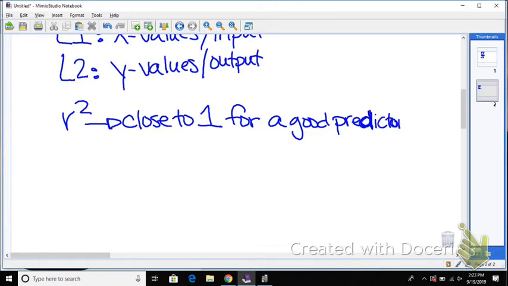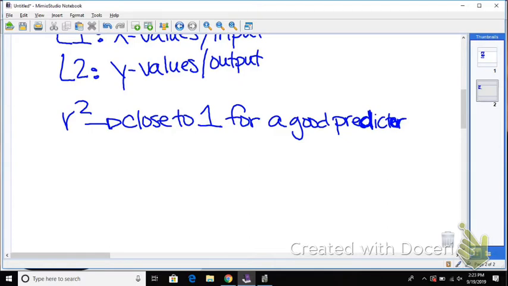I'll just make it look scribbly. Okay? That is one of your questions on your test. Is it a good prediction? Is it not a good prediction? So you're just looking at your r squared value.